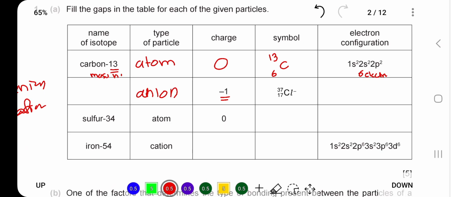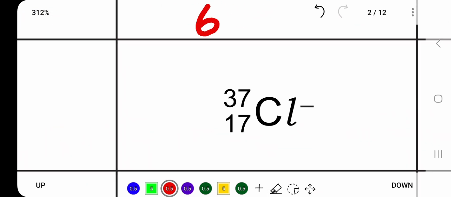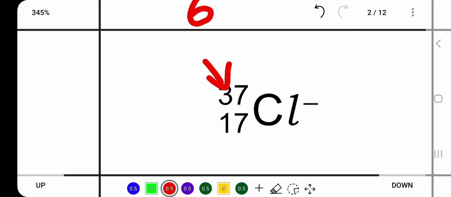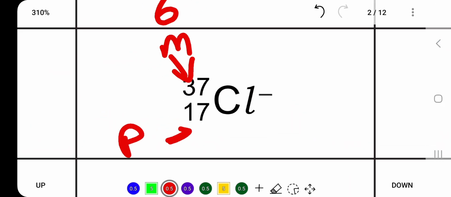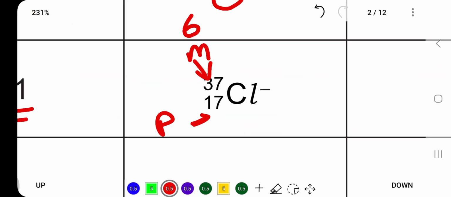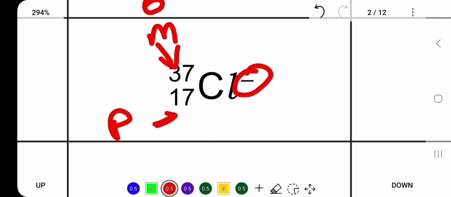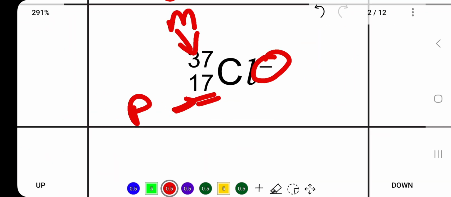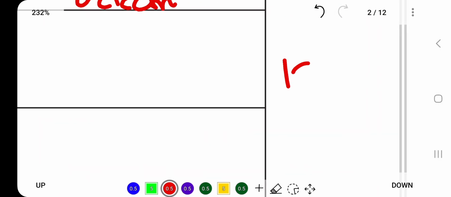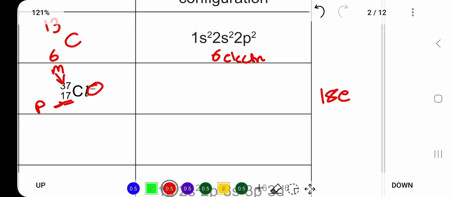Now nucleic acid up first thing. As I said, mass number, proton number. So electron configuration is basically, since there is minus, means that electron number had increased by 1 from the proton number. So we have basically 18 electrons instead.